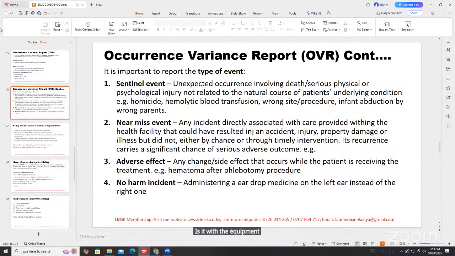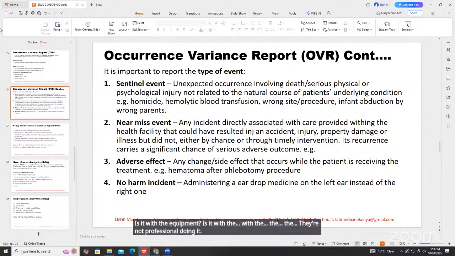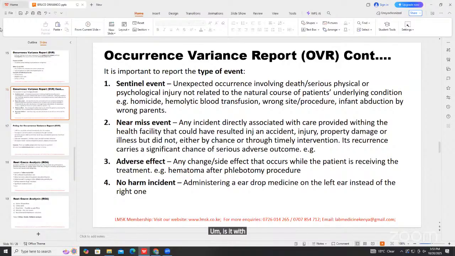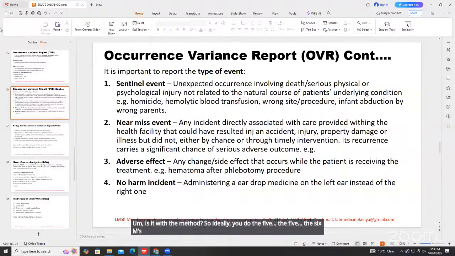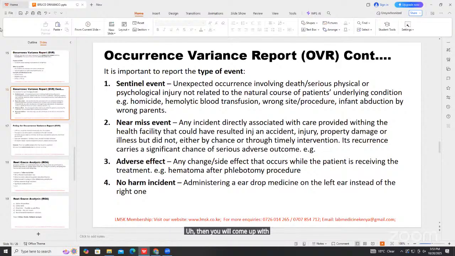Is it with the lab professional doing it? Is it with the method? So ideally, you do the 6 M's in a fishbone. You also ask yourself the 5 whys. Then you will come up with a conclusive reason why they failed, and by so doing, you shall have come up with a preventive action so that it doesn't recur.